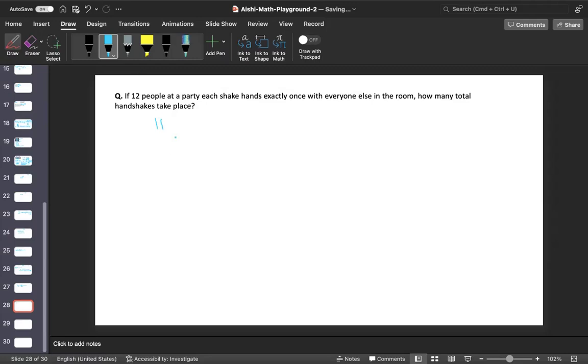Then the next person has to do 10 handshakes since he or she has already shaken hands with one person. And then so on, plus 9 plus 8 plus 7 plus 6 plus 5 plus 4 plus 3 plus 2 plus 1.